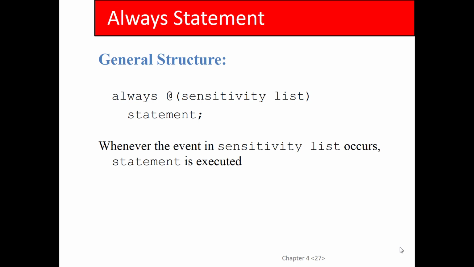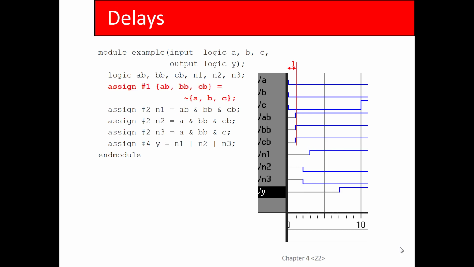The sensitivity list is the list of signals that you want the always statement to be triggered by whenever they change. So this is equivalent to, in a concurrent assignment statement, anytime any of the signals on the right-hand side of the assignment change, it will trigger this always statement. And in this case, it'll trigger it, and then it'll actually update the output after the delay.